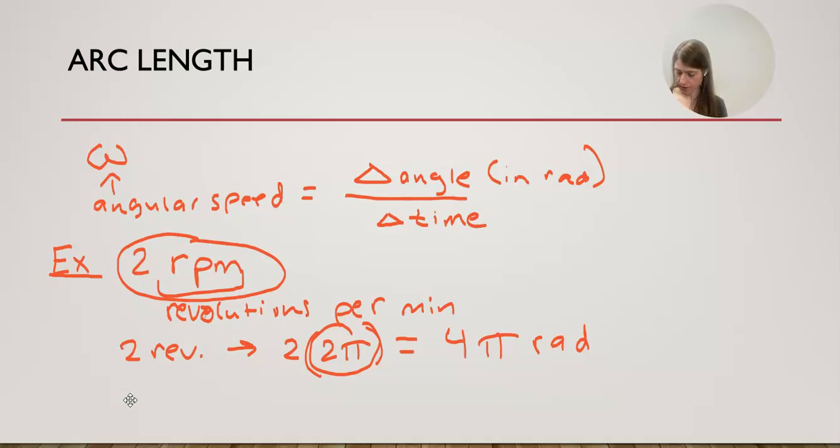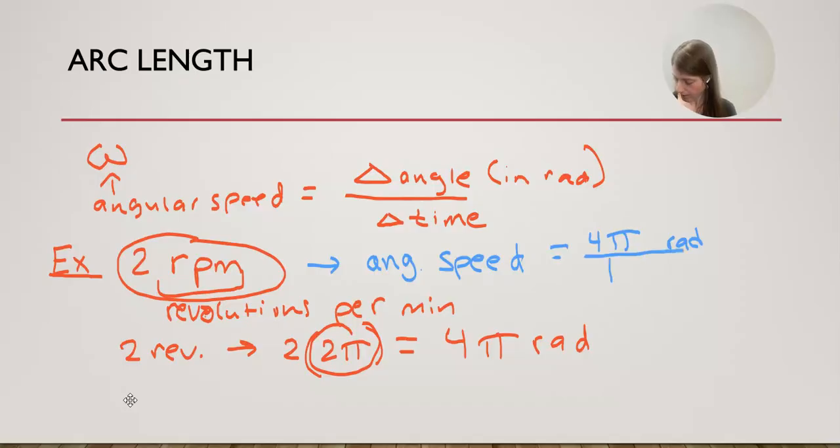So if you had something like 2 revolutions per minute, the angular speed, you could call it omega, is 4 pi radians per 1 minute. Now I'm writing it like that so that you see this per minute. So you have 4 pi radians per minute.